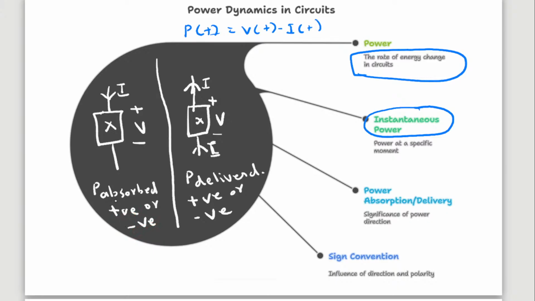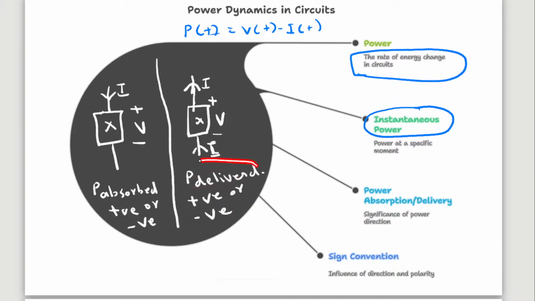When power absorbed is positive, it is equal to actual power absorbed. If it is negative, absorbed is converted into delivered, so the negative value is converted into a positive actual power delivered.